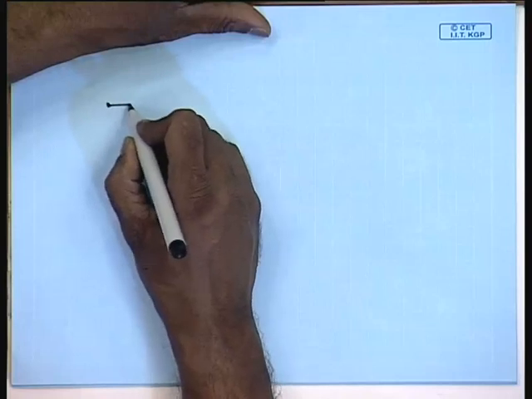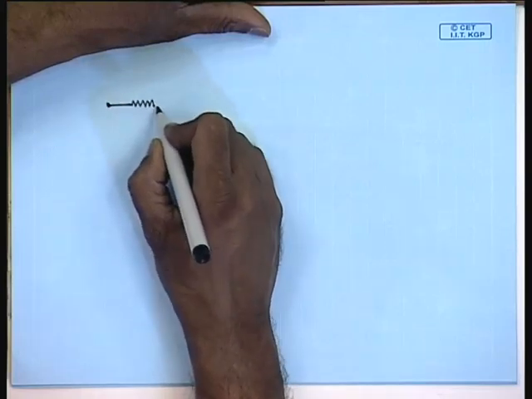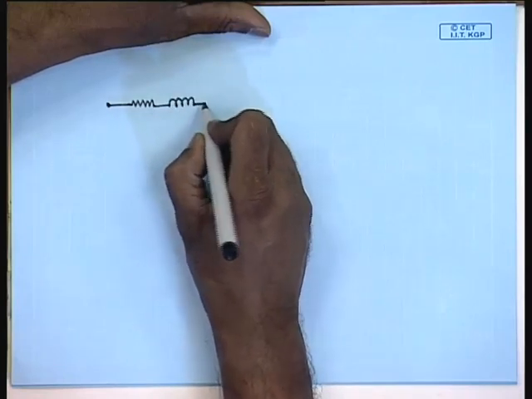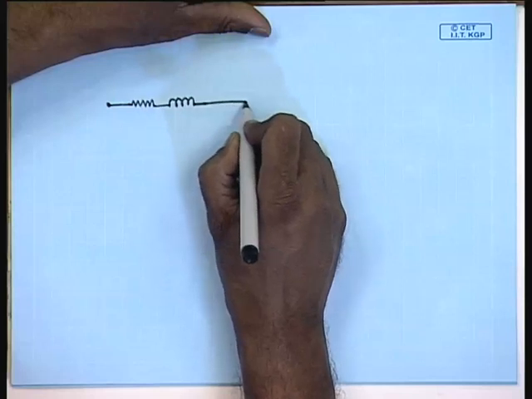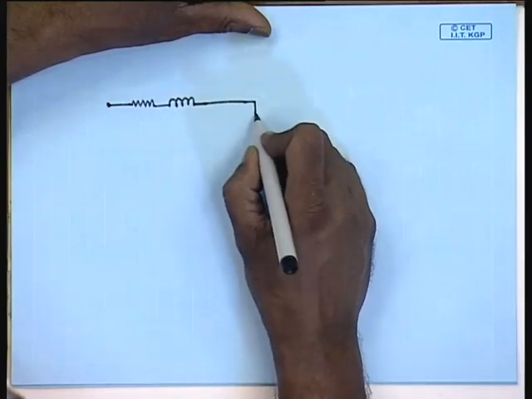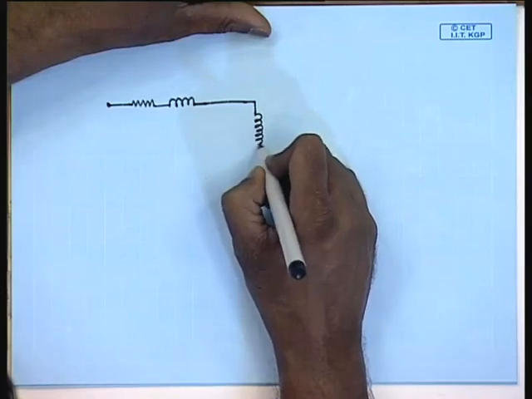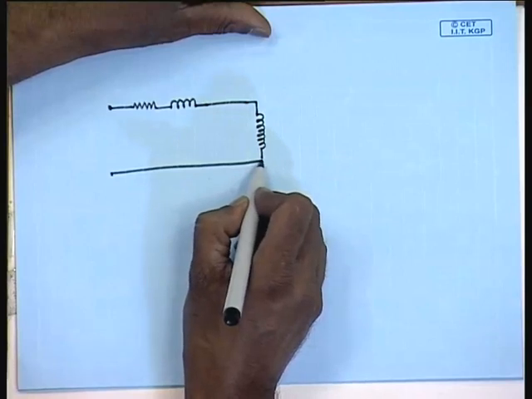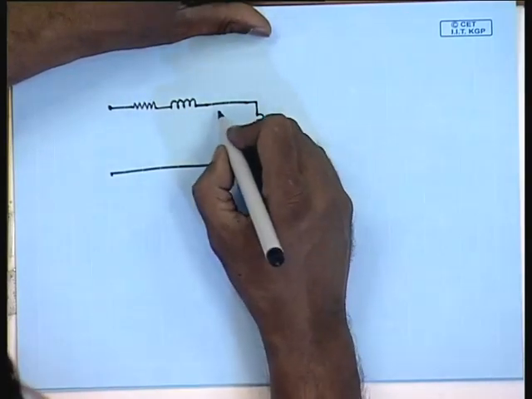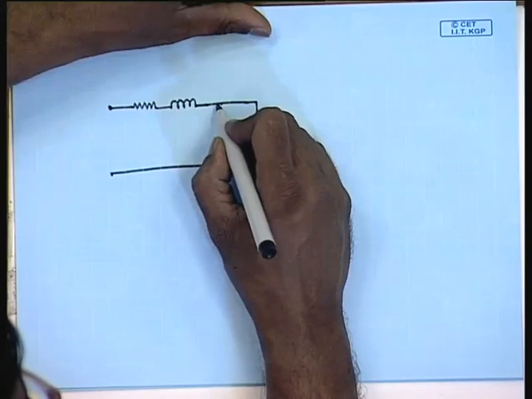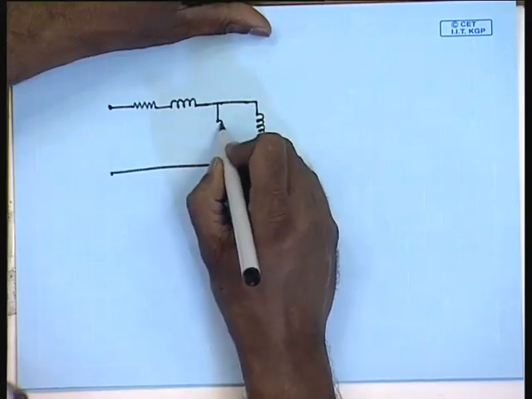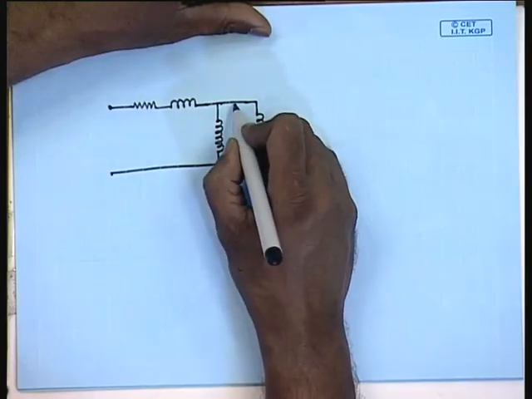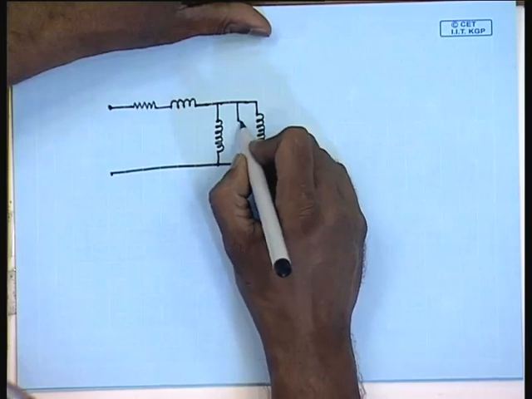First, let us put the winding resistance of coil 1, then the leakage inductance of coil 1, and then the coil 1 of the ideal transformer. In order to take care of the finite magnetization current, we connect a magnetization inductance, and to take care of the core loss, we connect a core loss resistance.